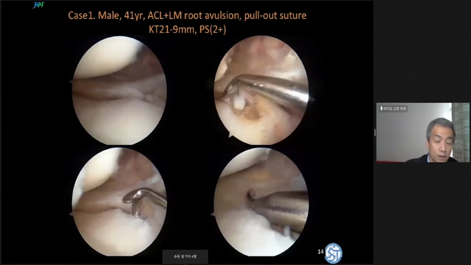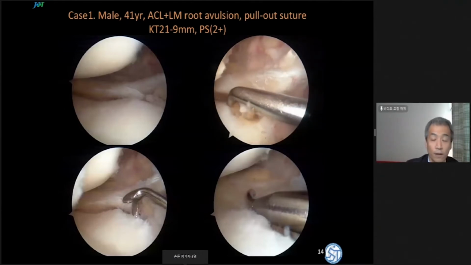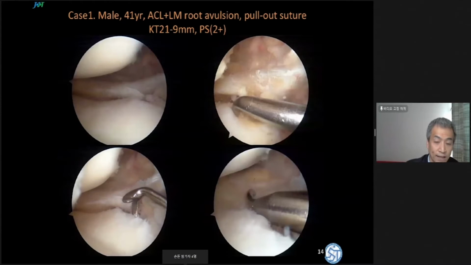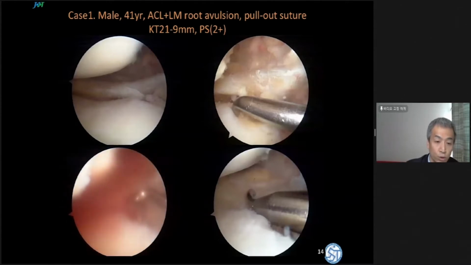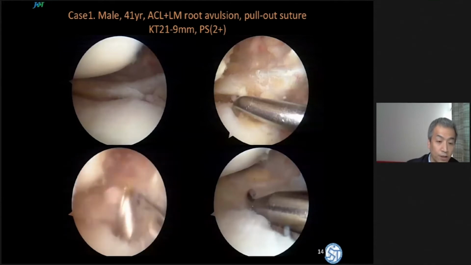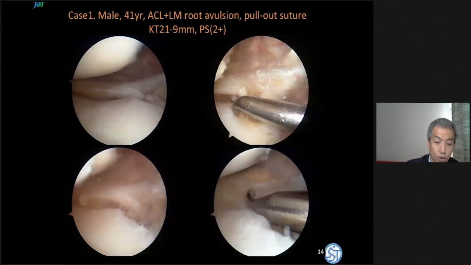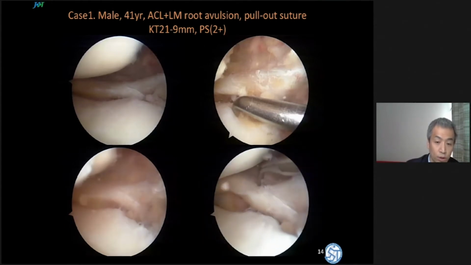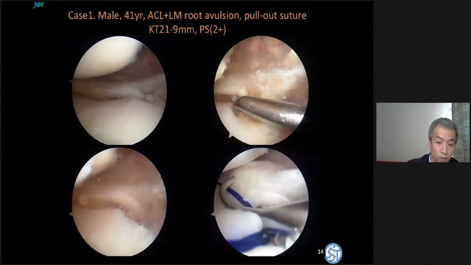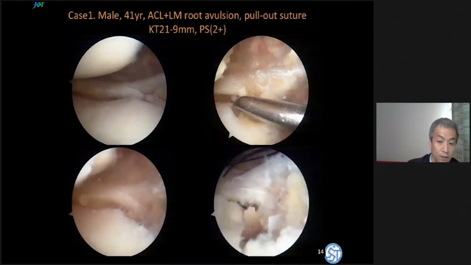Because the lateral meniscus root tear is an avulsion type, we performed a pull-out suture technique. We drilled a 5 millimeter diameter tunnel and passed the suture with a suture hook to repair the lateral meniscus and rebuild the insertion to the tibial plateau.